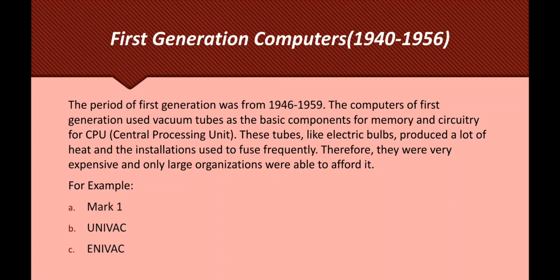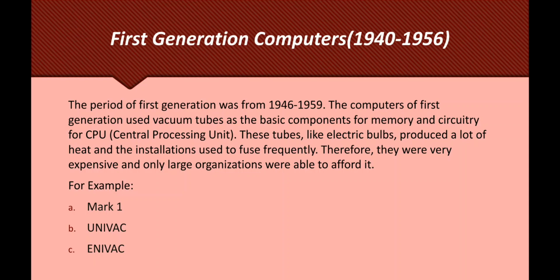And these tubes, like an electric bulb, produced a lot of heat, and the installation used to fuse frequently. That's why they were very expensive, and only large, powerful organizations could afford a first generation computer system.